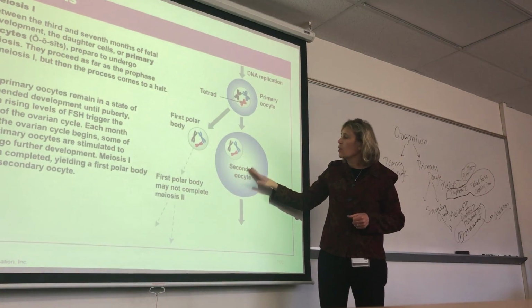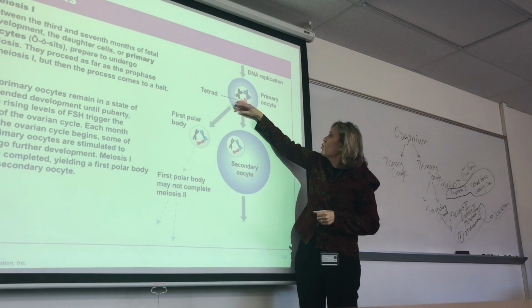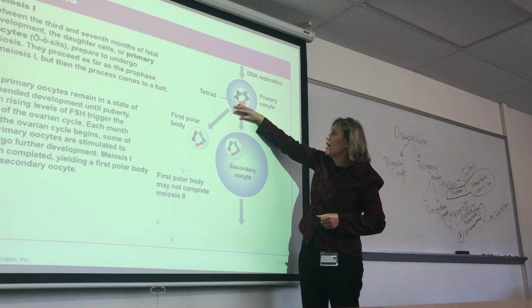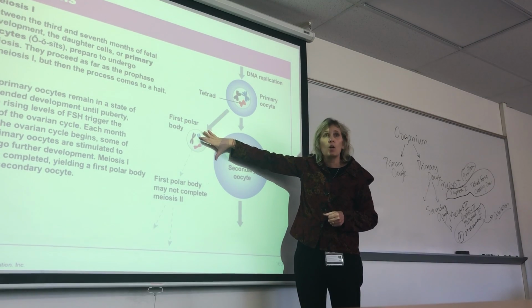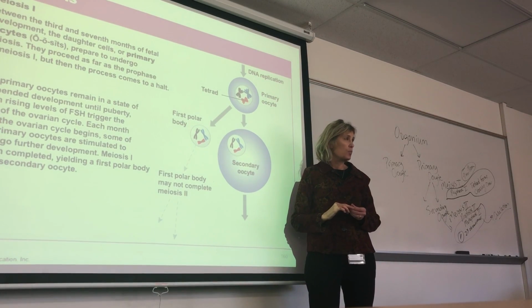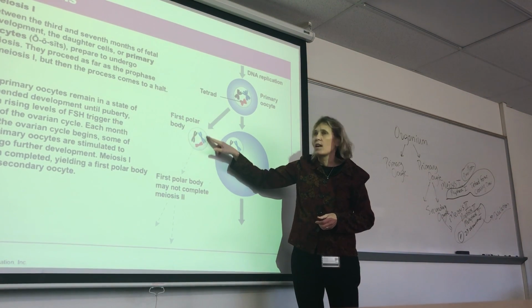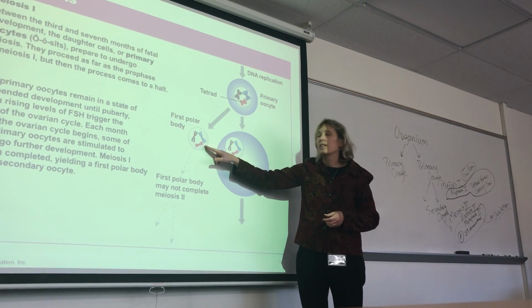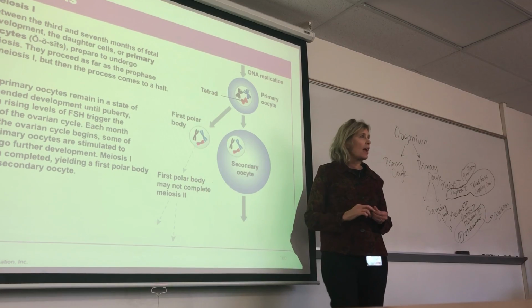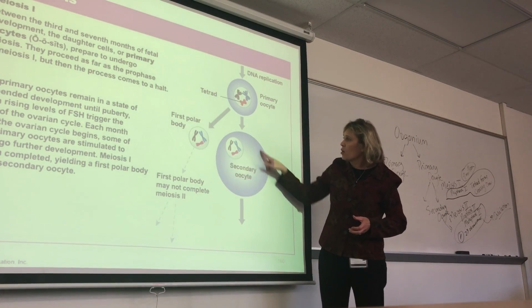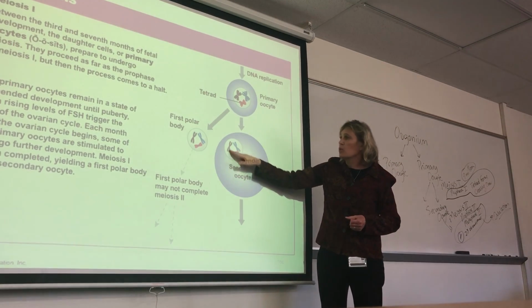So you have a secondary oocyte, and where we would normally see the primary oocyte when it goes through meiosis, we saw in spermatogenesis, it ended up with 2 secondary spermatocytes. One of the secondary oocytes has a lot of cytoplasm and a nucleus.